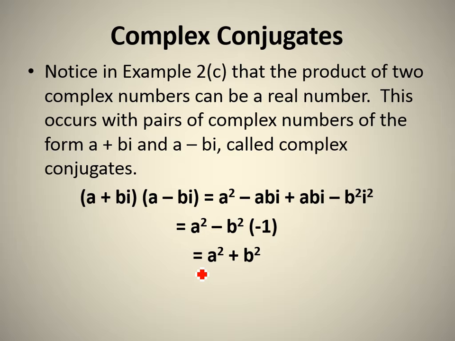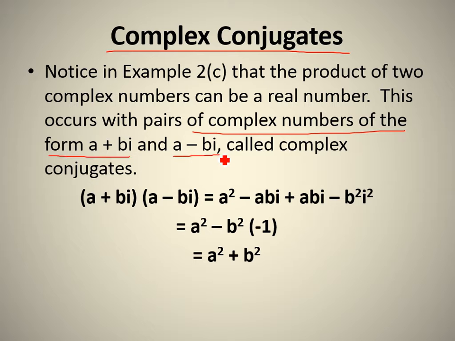So one of the things that we use in order to remove a square root or an imaginary unit from the denominator of a fraction is this whole business of what's called a complex conjugate. So a complex conjugate basically takes a complex number that's of the form a plus bi, and its complex conjugate would be of the form a minus bi.